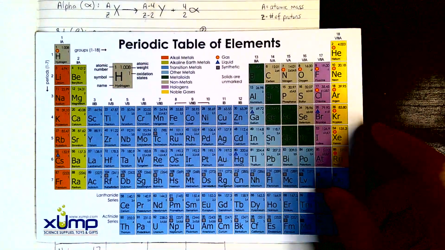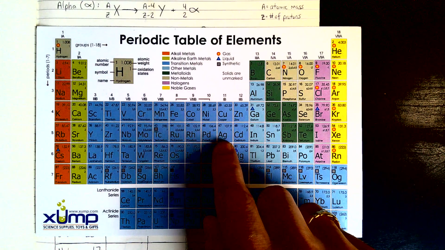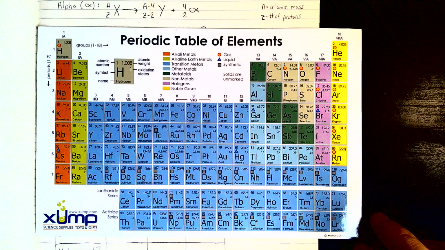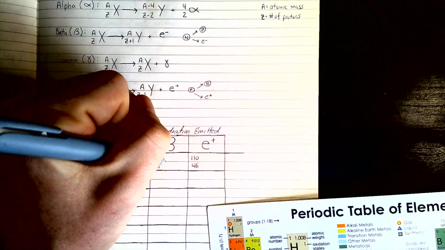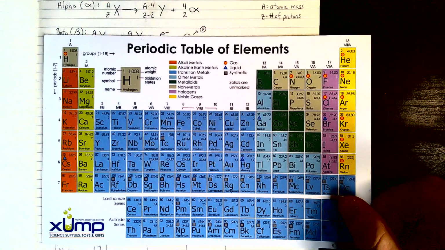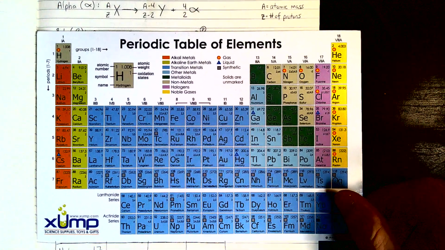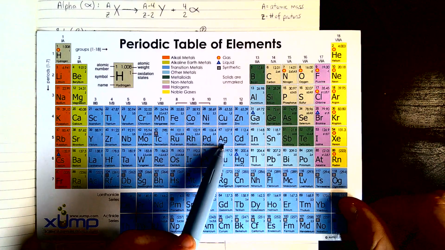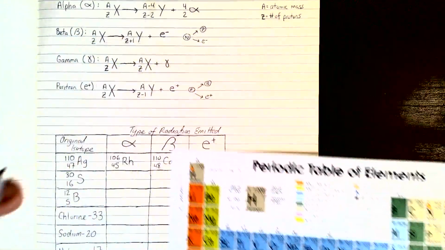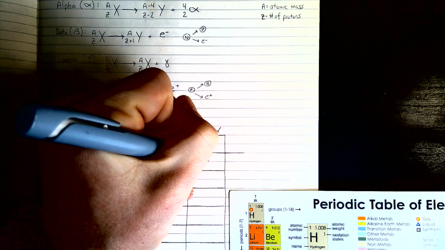With beta decay, number of protons went up by 1, so we went from silver to cadmium. And then finally, with positron decay, number of protons decreases by 1, silver has become palladium.